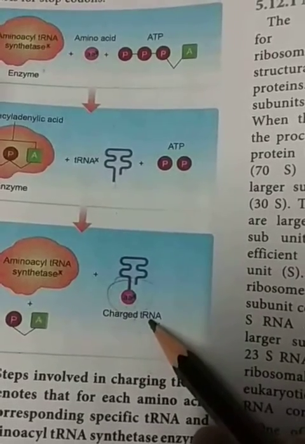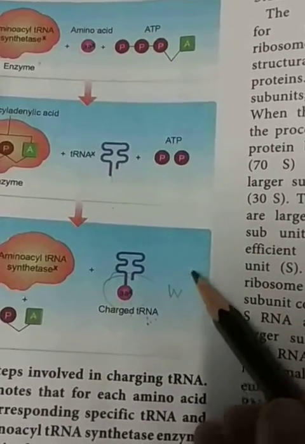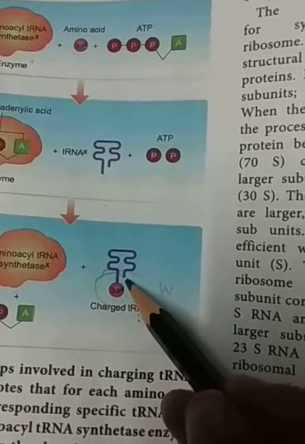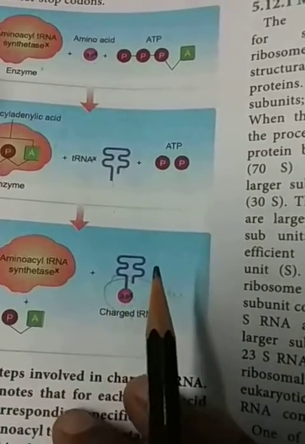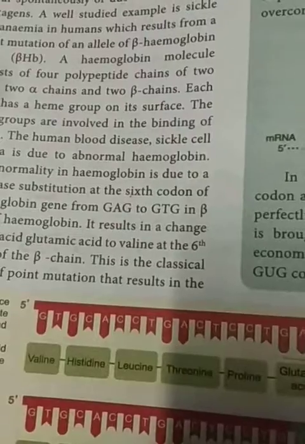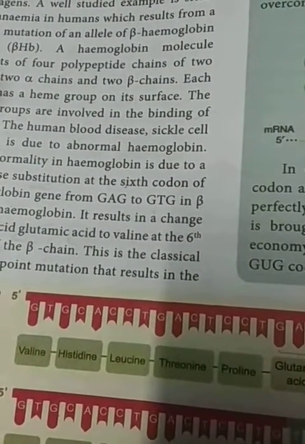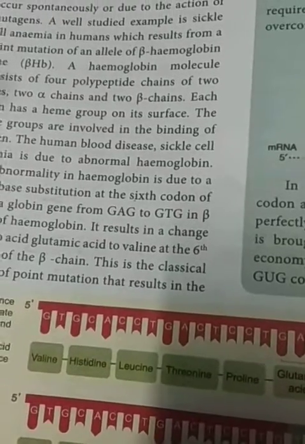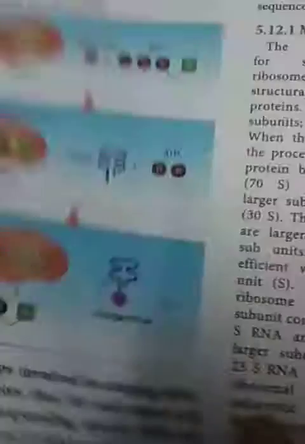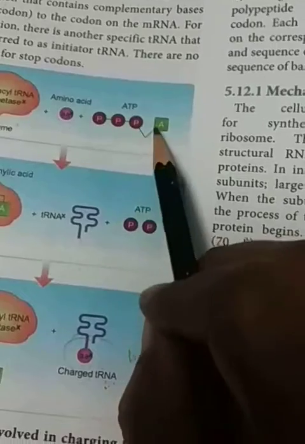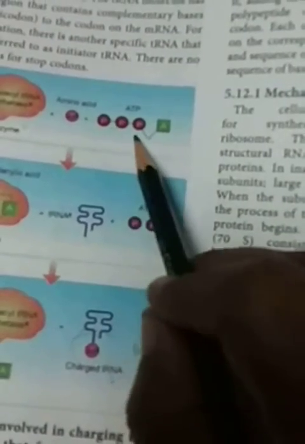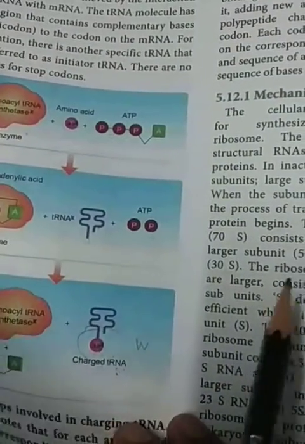Can you understand? When this charged tRNA and uncharged tRNA are brought together, it favors the formation of a peptide bond. The peptide bond formation is favored energetically, and they can form the peptide bond very energetically.